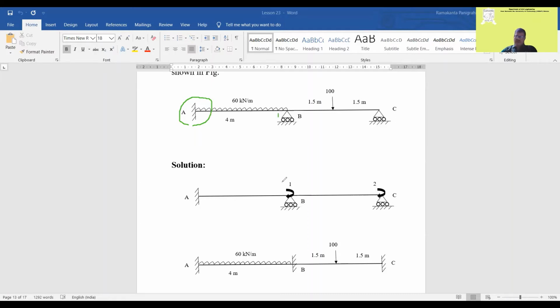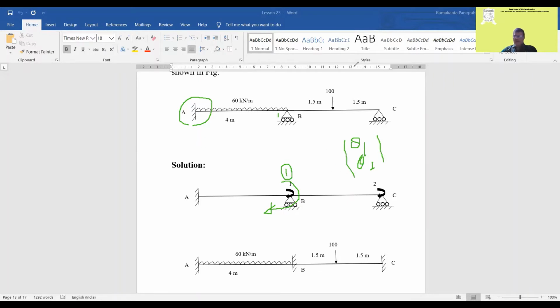Take this rotation as clockwise in one direction. This is one kinematic indeterminate. This is your second indeterminate, that is the rotation at C. Right. If you take 1 and 2 as theta 1, theta 2, so two unknowns are here, theta 1 and theta 2. These are the kinematic indeterminacy of the structure.